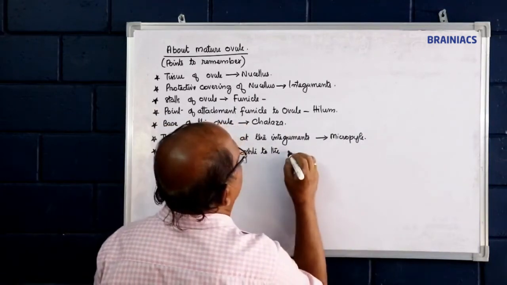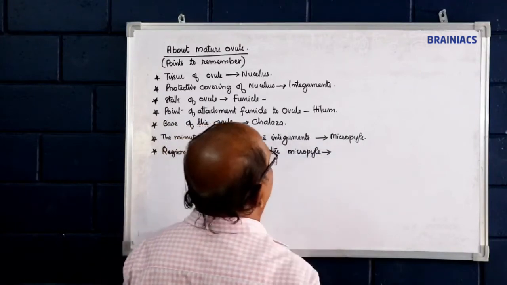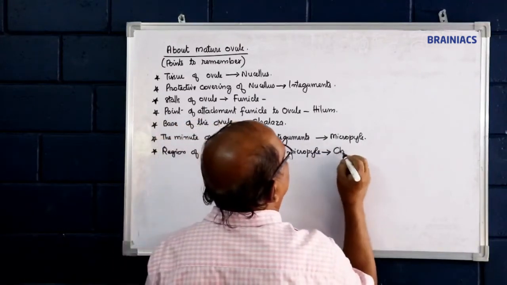Region of ovule opposite to the micropyle: chalaza.